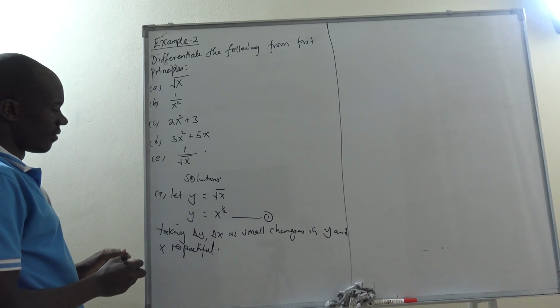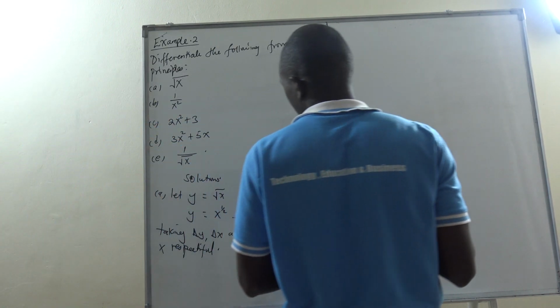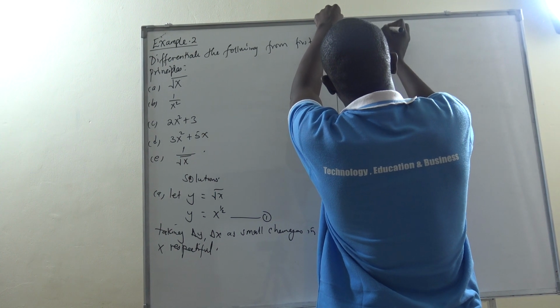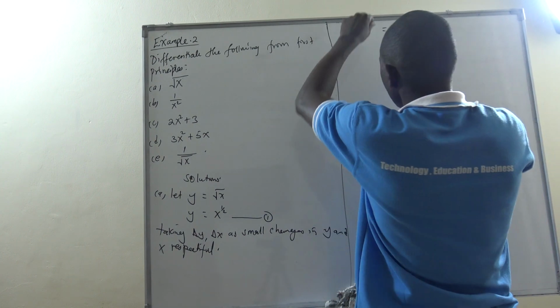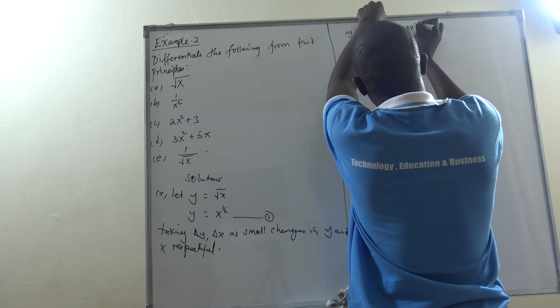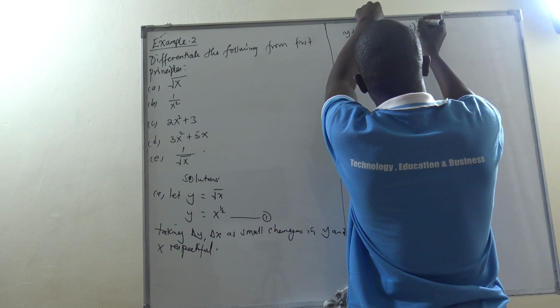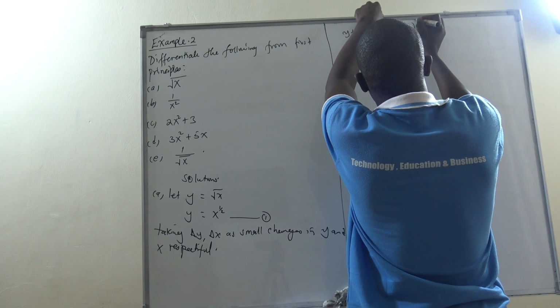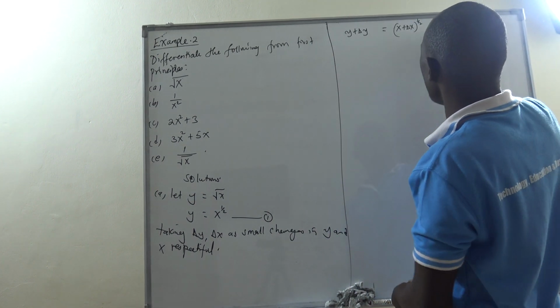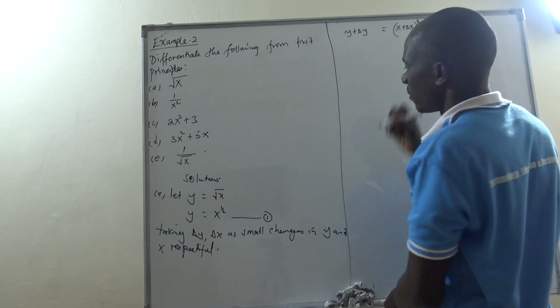So what are we going to have? We are going to have y plus a small change in y, which is equal to x plus delta x, the whole thing power a half, and we say this is the second equation.